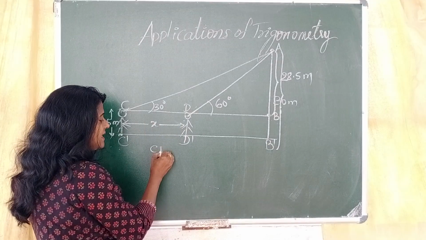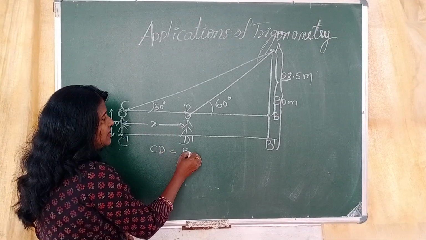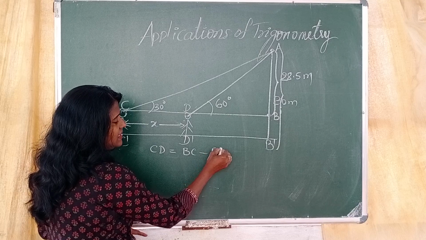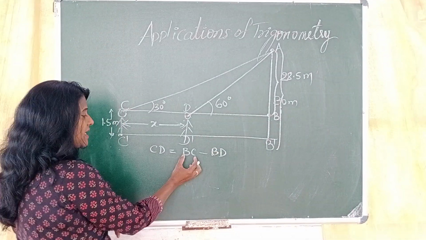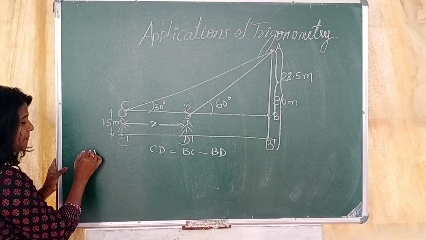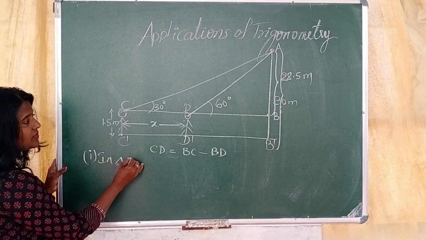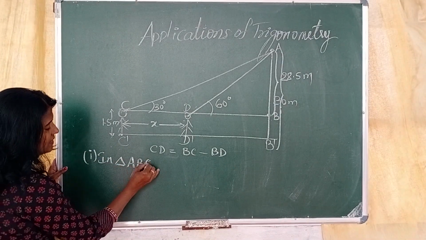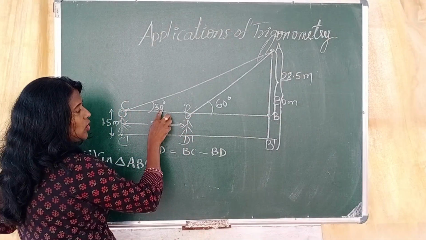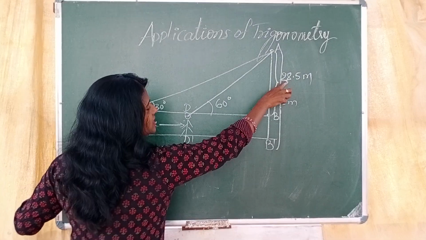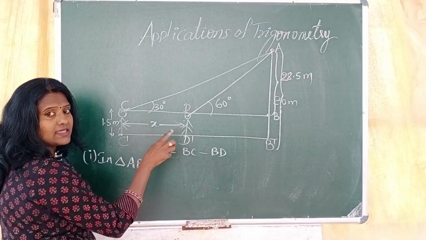See, CD is equal to BC minus BD. But BC is the base of the bigger triangle. So which triangle you have to consider? First, in triangle ABC.